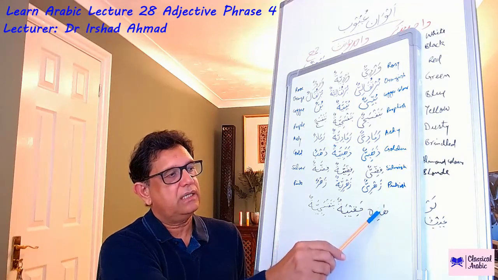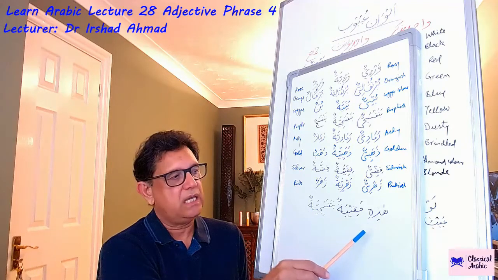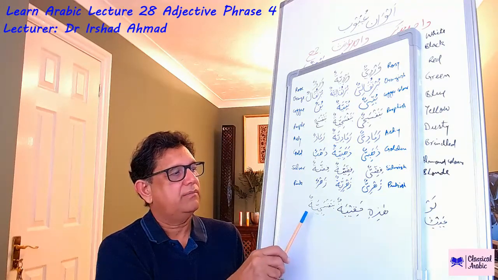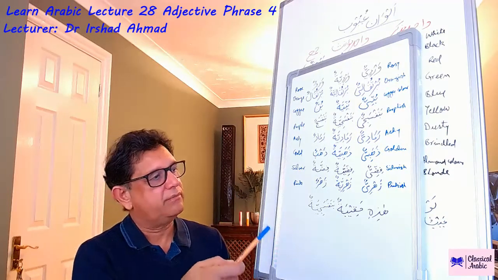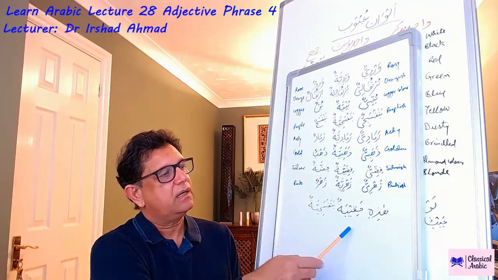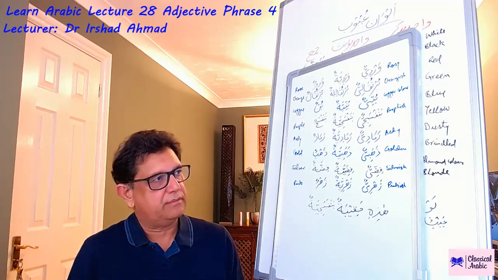We can't say haza haqiqatun banafsajiyatun. We'll say hazihi haqiqatun banafsajiyatun. And in the case of dog, it was masculine, so we said haza kalbun buniyun. So, a couple of examples.